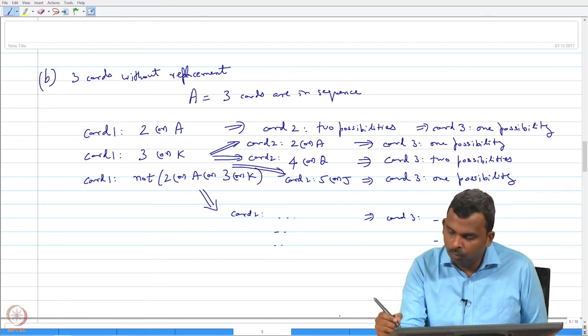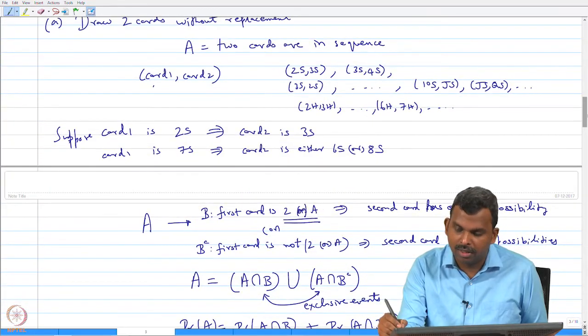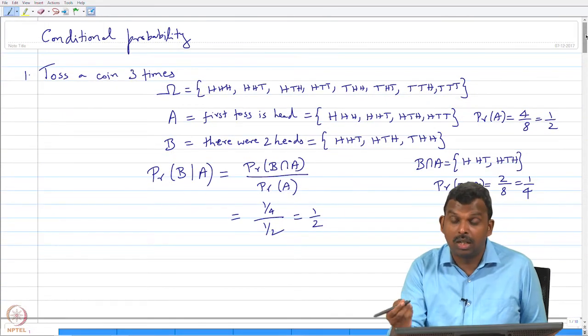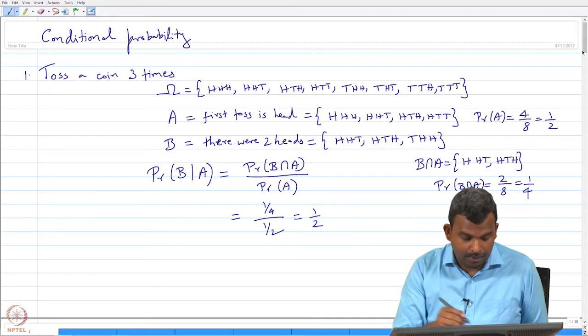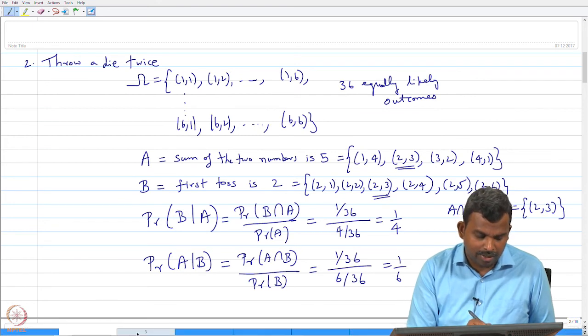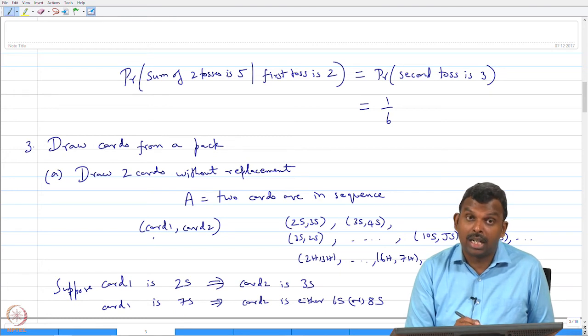So, we have seen 3 examples so far. Tossing a coin, in which case conditional probability was very, very easy to think about, and then we looked at throwing a die, which made the thing a little bit more complicated, but still we could deal with it. And then we saw the real power of conditional probability when we were drawing cards from a pack.